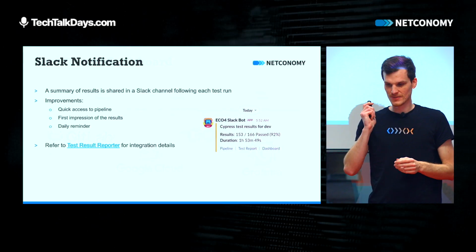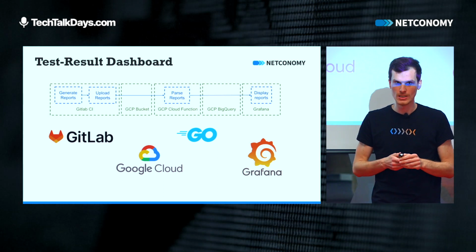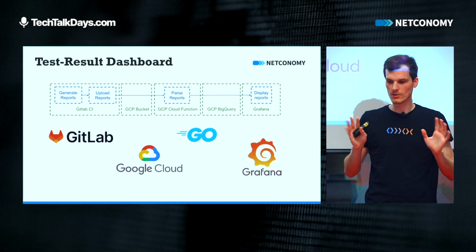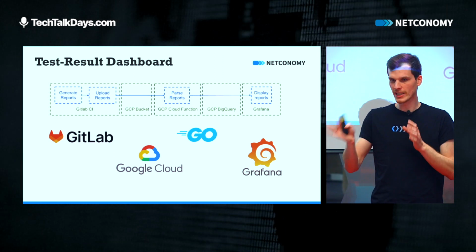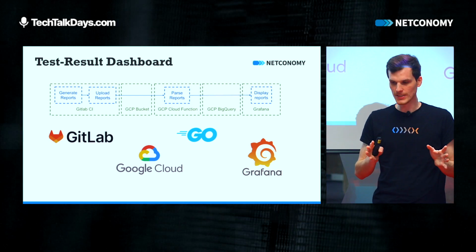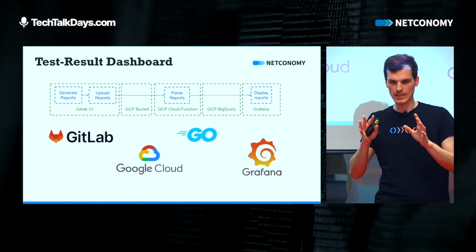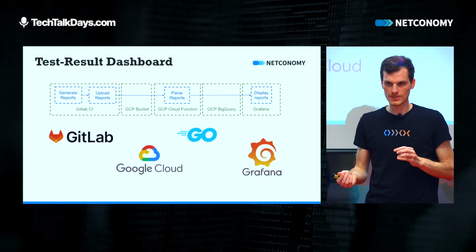Every day, it will show the message, okay, do you have a problem with your tests? Deal with them. The next thing we developed was a dashboard to visualize those test results over time. So I sat down with our tech team, and we came up with the following architecture. So from our CI pipeline, we push the test results, so the XMLs, to a Google Cloud storage bucket.